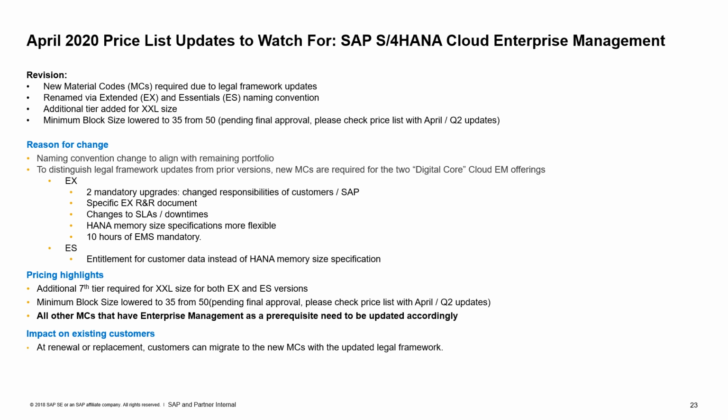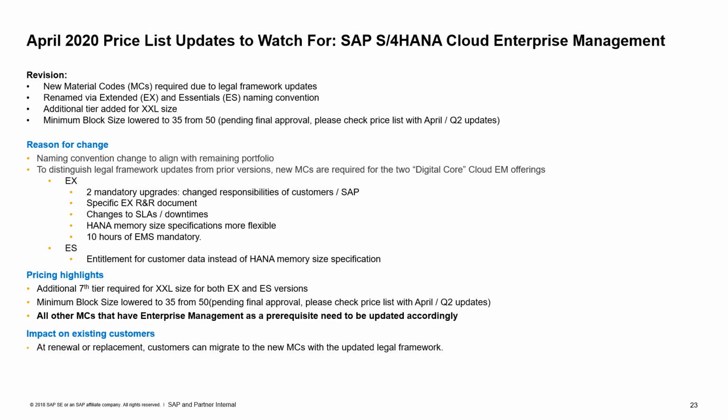There's also changes to the SLAs and downtimes. HANA memory size specifications are more flexible, and 10 hours of EMS are now mandatory. For the Essentials Edition, entitlement for customer data instead of HANA memory size specification is the change there.